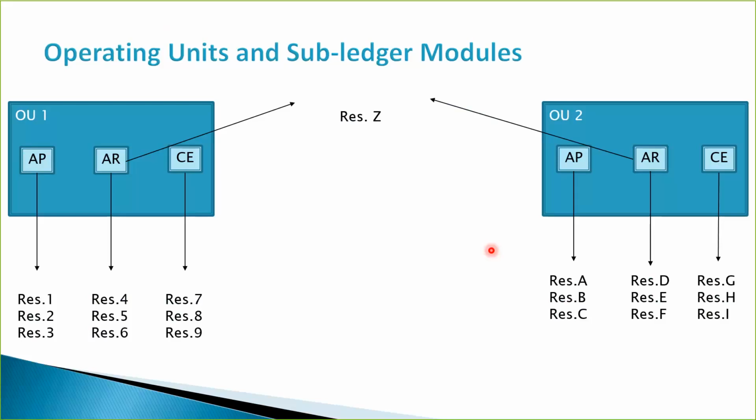So AR users in the same operating unit will not see transactions, invoices, and payments for AP users, even though they're in the same operating unit. They're using different responsibilities. Those responsibilities belong to different applications. And of course, remember what multi-org allows you to do.